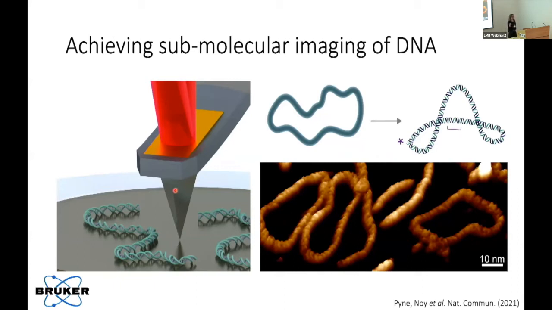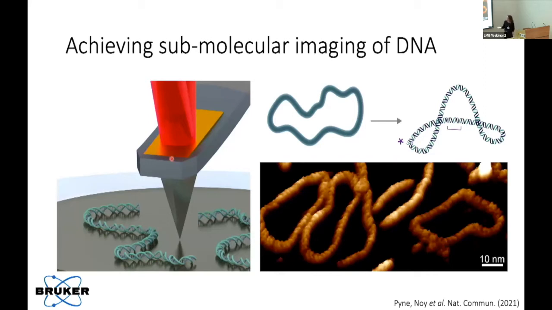Now, as a single molecule person, that kind of stretch around a 2 nanometer piece of DNA makes me anxious. And so we worked with Bruker for about 4 years to make cantilevers that were soft enough, as soft as a piece of tinsel to give you an idea, to be able to move over the DNA and give us this resolution without crushing it.